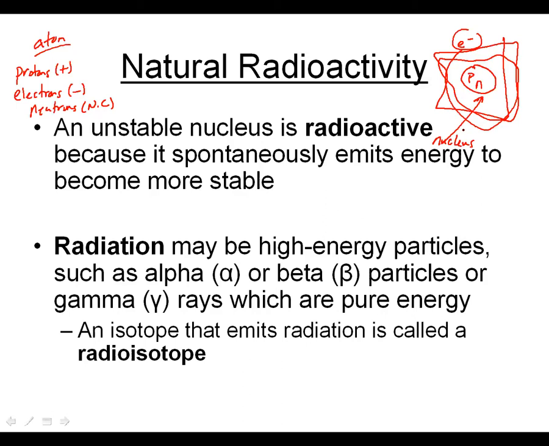So really, we're going to talk a lot about the protons and neutrons, and not necessarily the electrons. In a nuclear reaction, we definitely deal with the changes that occur in that nucleus, basically, those protons and those neutrons. So radiation can be several different types of radioactive particles.